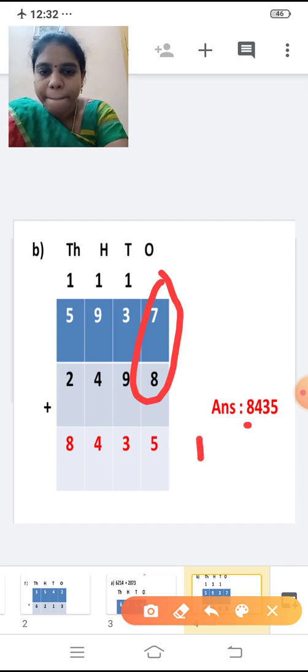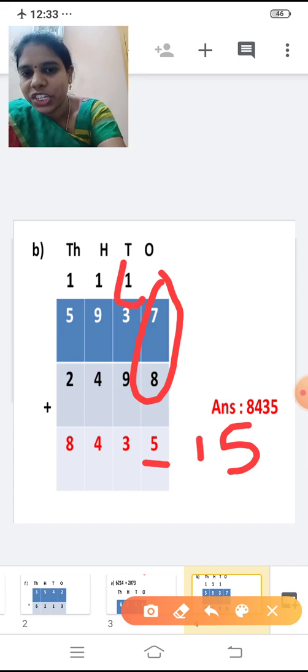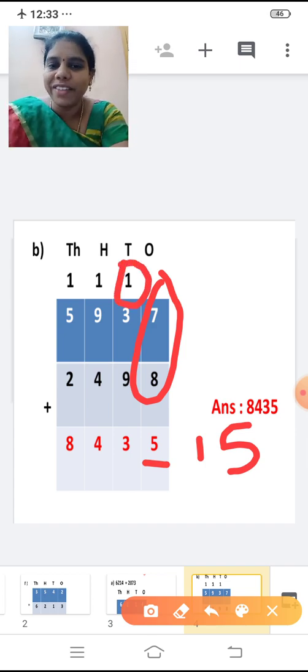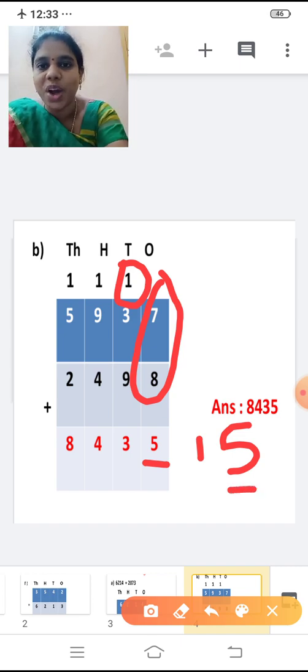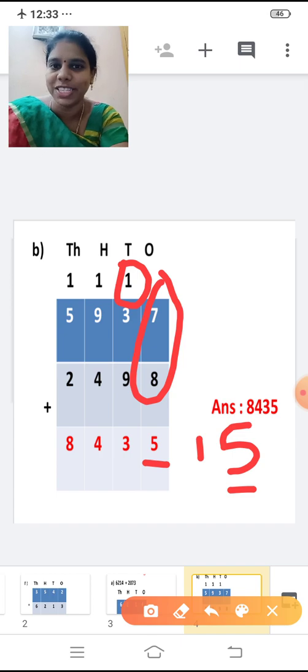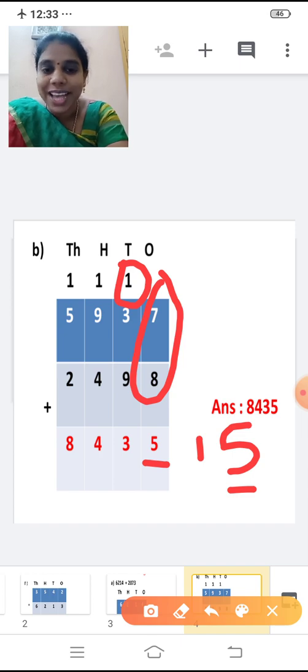So, 5 I am writing it here and 1 I am carry forwarding it to the next one. As this is a 2-digit number, 5 I am writing it here and 1 I am carry forwarding to the tens place now. If it is a 2-digit number, what you have to do? Write 5 in the ones place and 1 should be carried forward to the tens place.